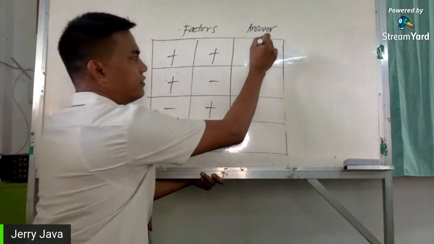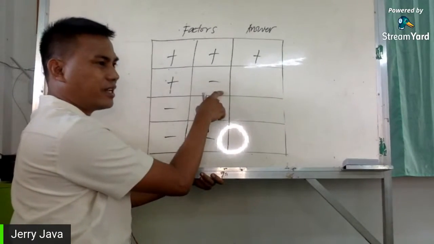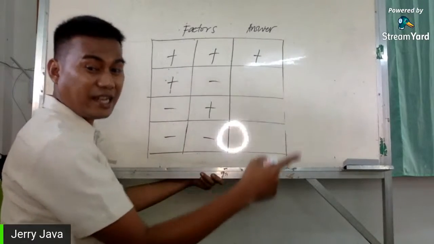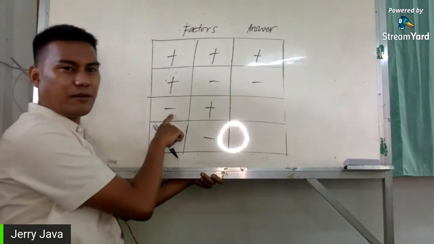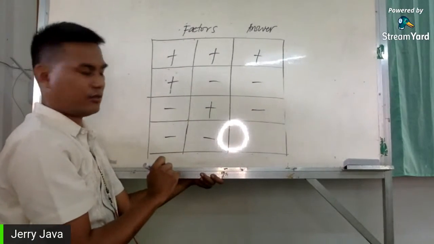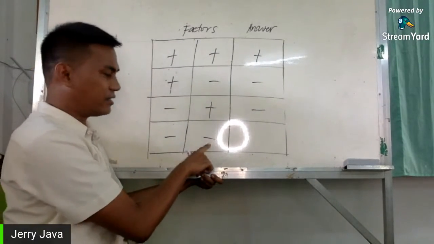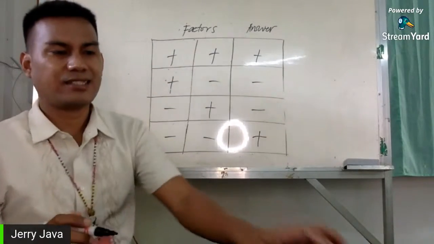Positive times positive gives you positive. Positive times negative or positive divided by negative, that will be negative. Negative by positive, this will give you negative. Negative by negative, this will give you positive. Copy that.